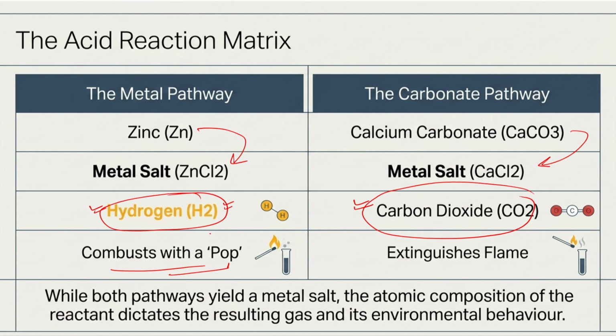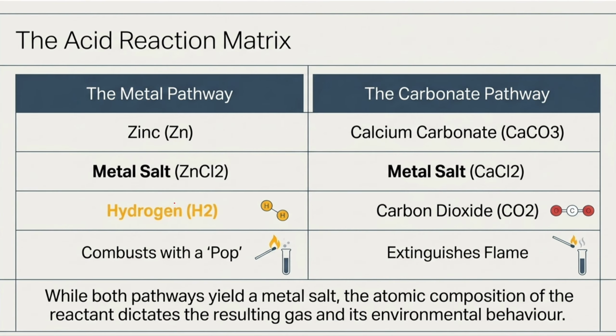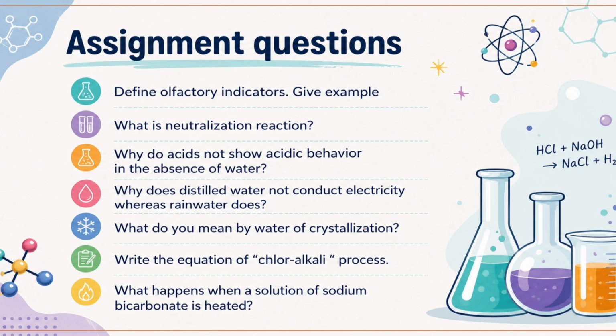Even a small amount of hydrogen burns with a pop sound, whereas CO2 diminishes fire. So that is how they are reacting in a similar way, but their nature is entirely different. Both pathways yield a metal salt, but their results are very, very different. So that is the beauty of chemistry.